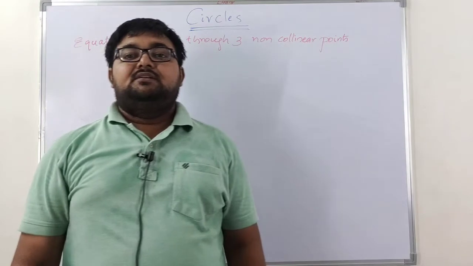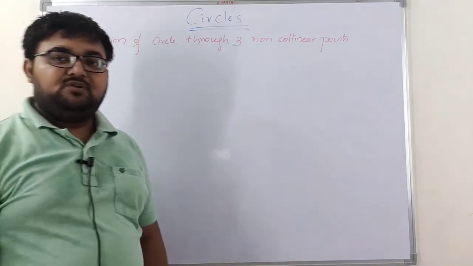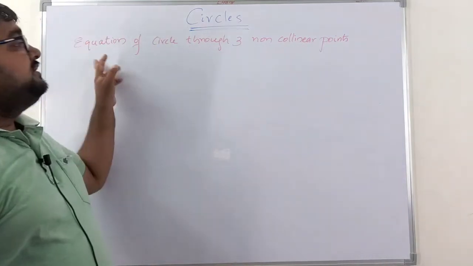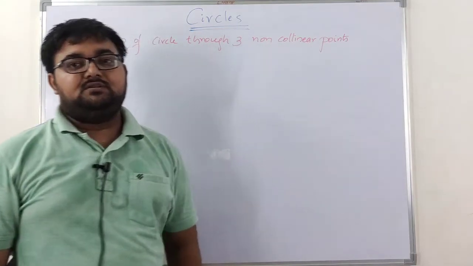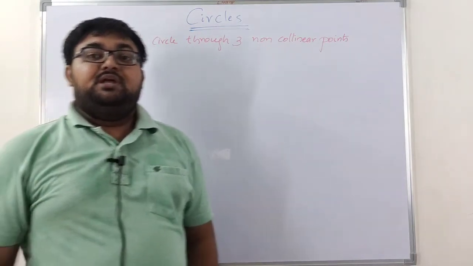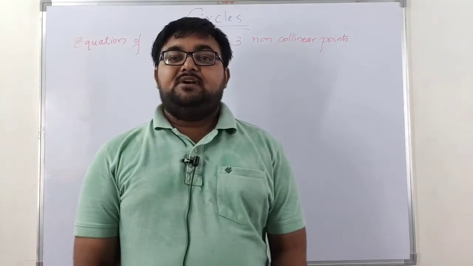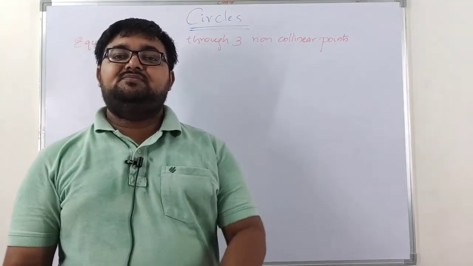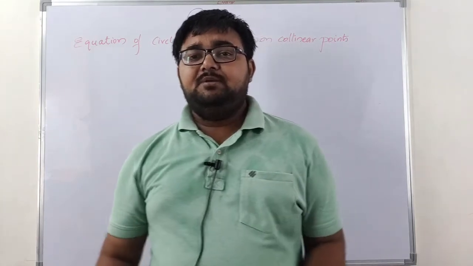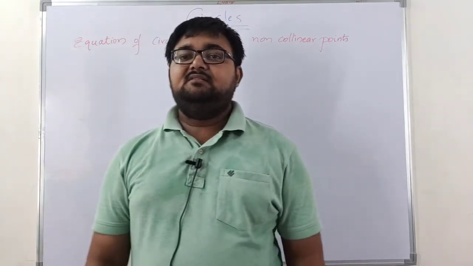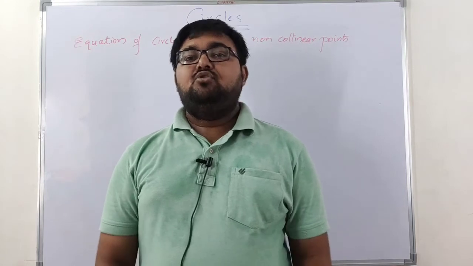Now next, we are going to discuss one more form, which is the equation of a circle passing through 3 non-collinear points. What is meant by collinear points? If all the 3 points lie on the same line, then such points are called collinear points.